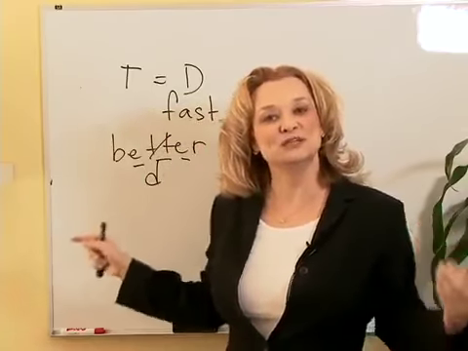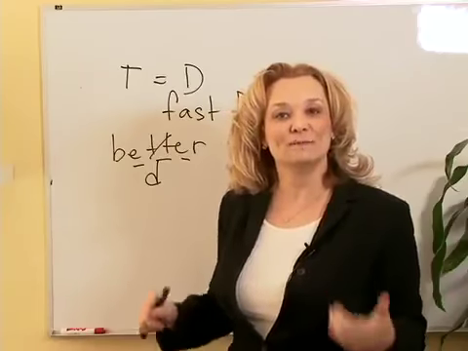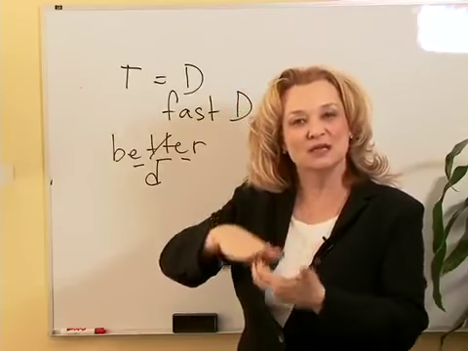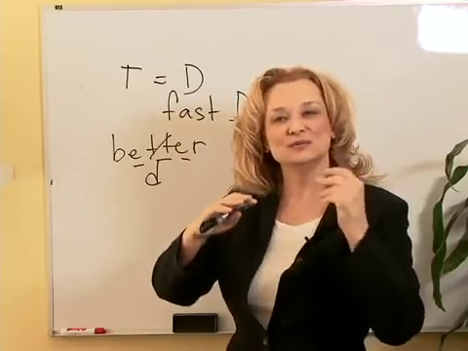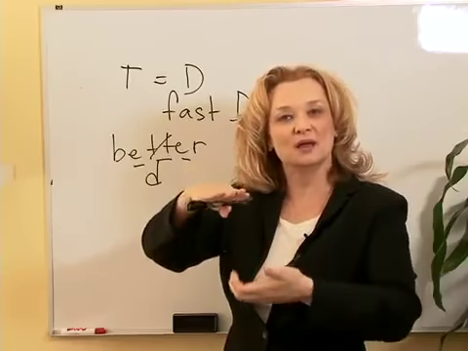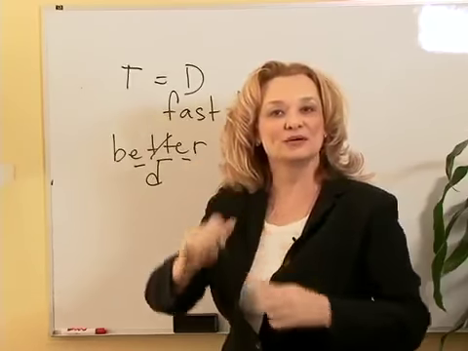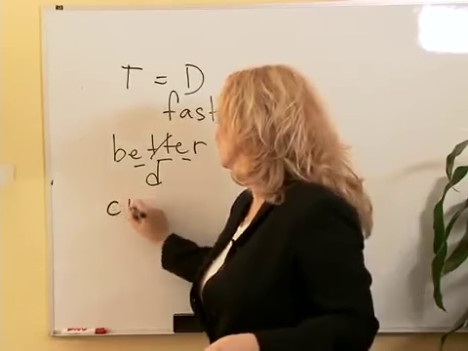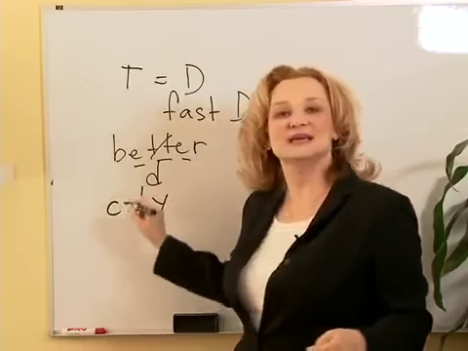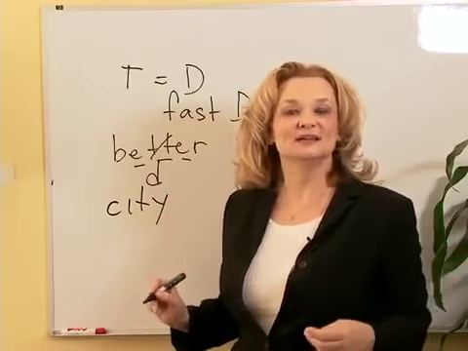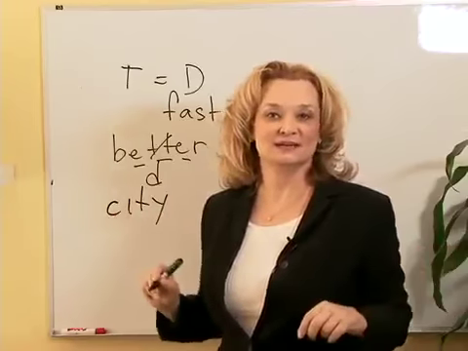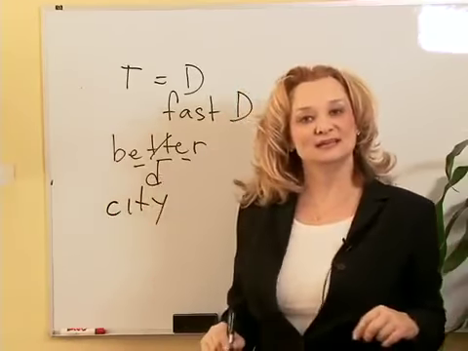So we don't say better, we say better. It's not a really strong D. It's a real quick r. Better, better. Look again. We don't say city, we say city, city. That's a big city. That's a better city.